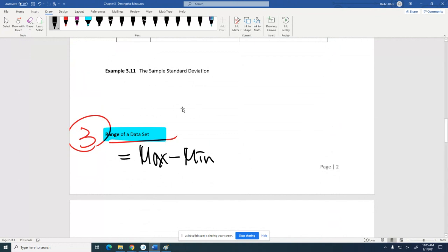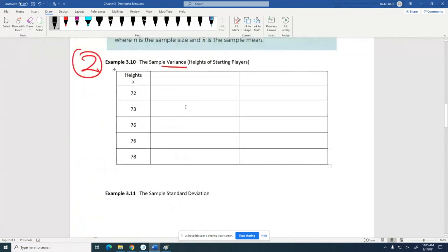So please look at this example. Here are the 5 heights: 72, 73, 76, 76, and 78. 5 heights, I think, in inches. Who is the tallest one? They are in order. The last one is the 78. Which one is the shortest one? 72.